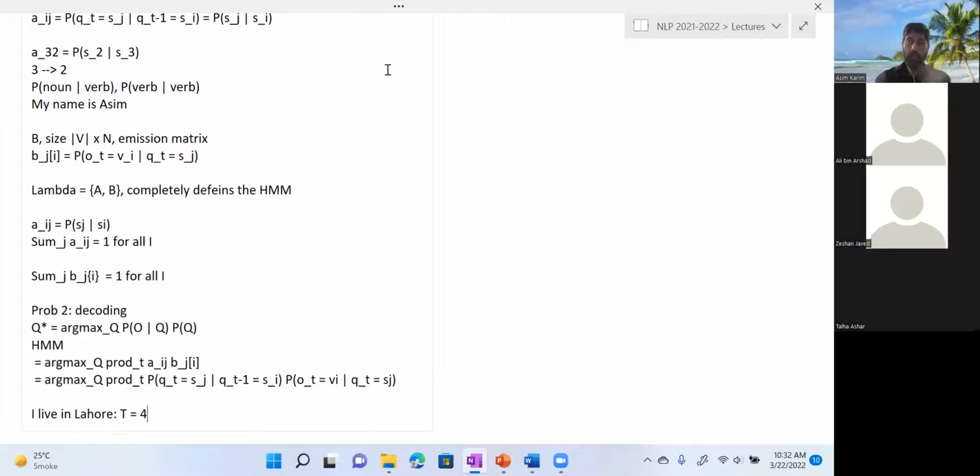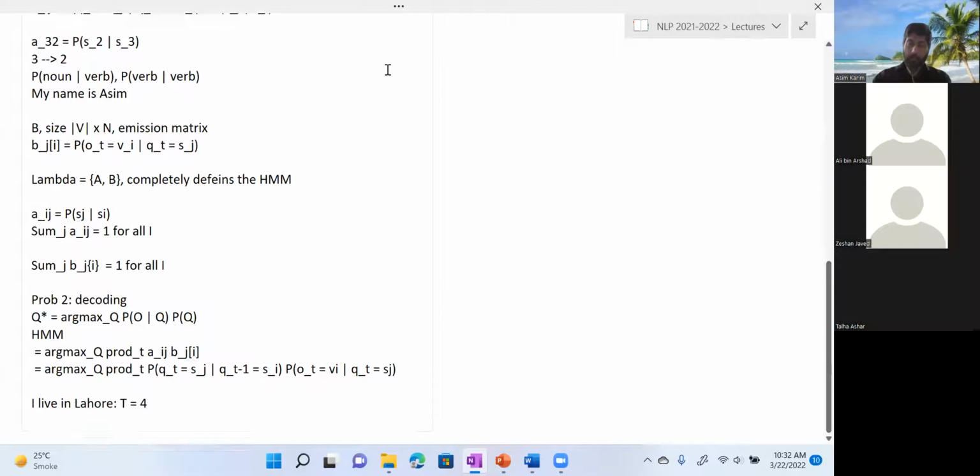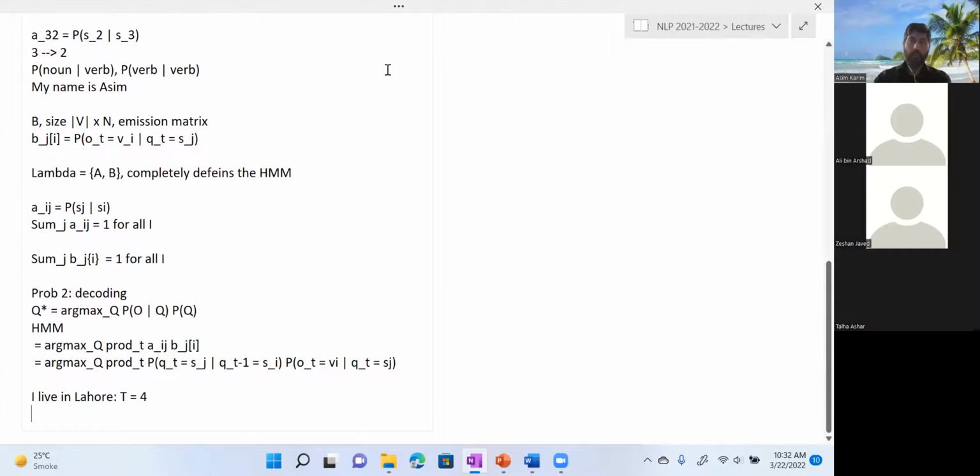And from all those products, you will find the best. So that is Q star. But the problem is, if you do it in a brute force way, this is quite computationally heavy. So you will have to compute all of these terms multiple times.